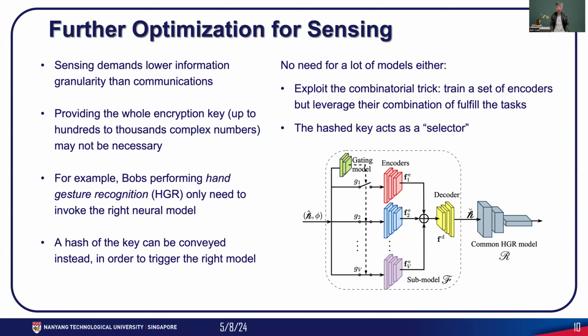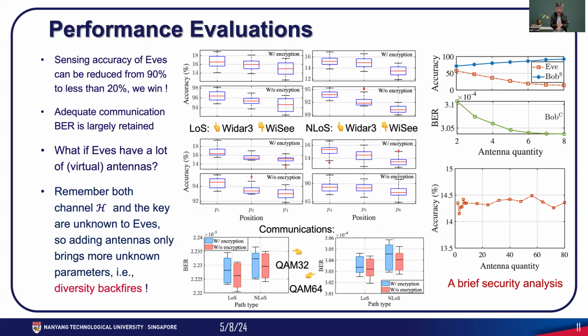Okay, with all this, the final question is, what's the performance? Here we have a very compact illustration of the performance. On one side, we use different Wi-Fi sensing proposals which have been published in the previous decade.